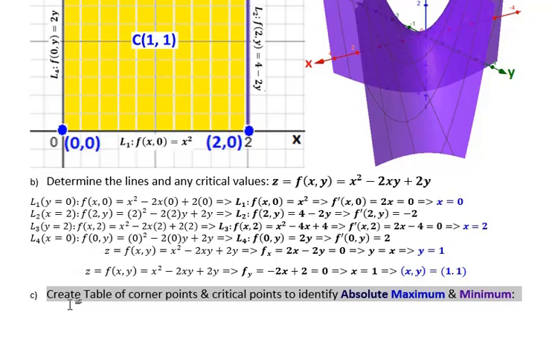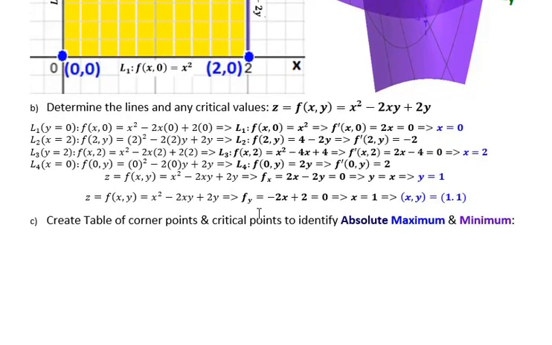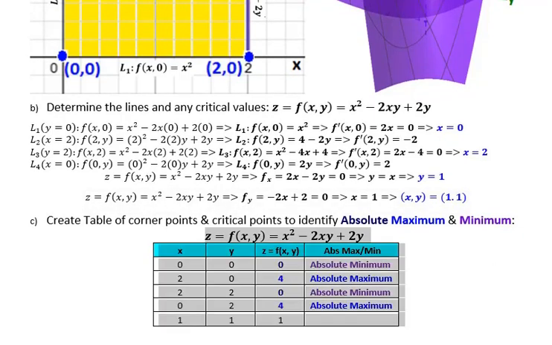Now we need to create the table of corner points and critical values and identify the maximum and minimum. Here is the table for z equals x squared minus 2xy plus 2y.